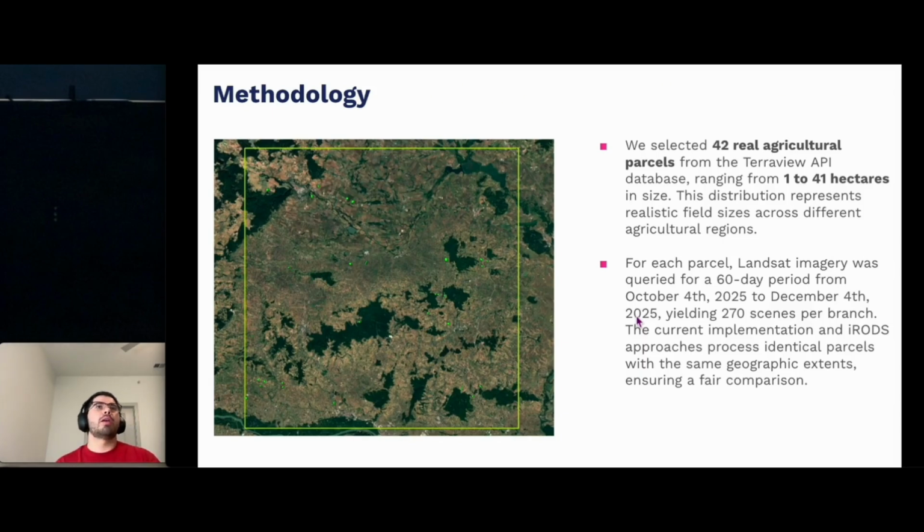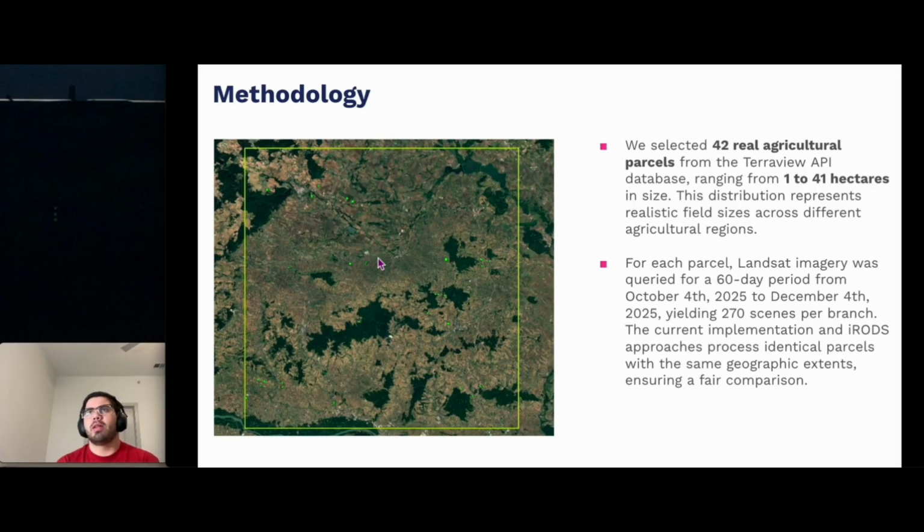Right here, we can see all the parcels. We selected 42 real agricultural parcels from the Terraview API database, ranging from 1 to 41 hectares in size. And this distribution represents realistic field sizes across different agricultural regions.